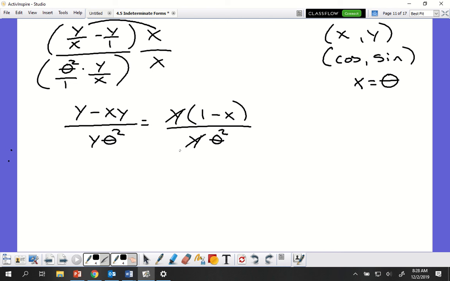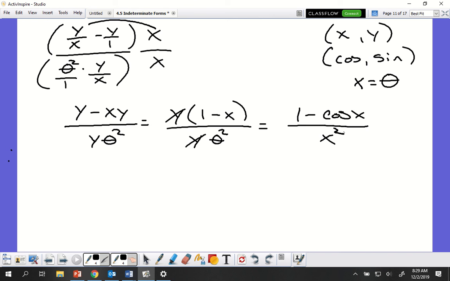So I'm canceling those out, and I'm left with, on top, 1 minus cosine x, right, over x squared, right? You notice right here my x was just the theta. That was my variable theta.